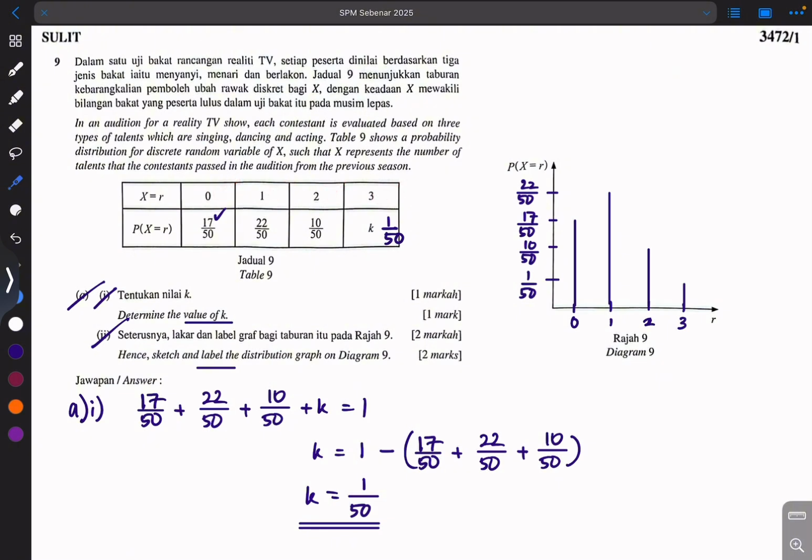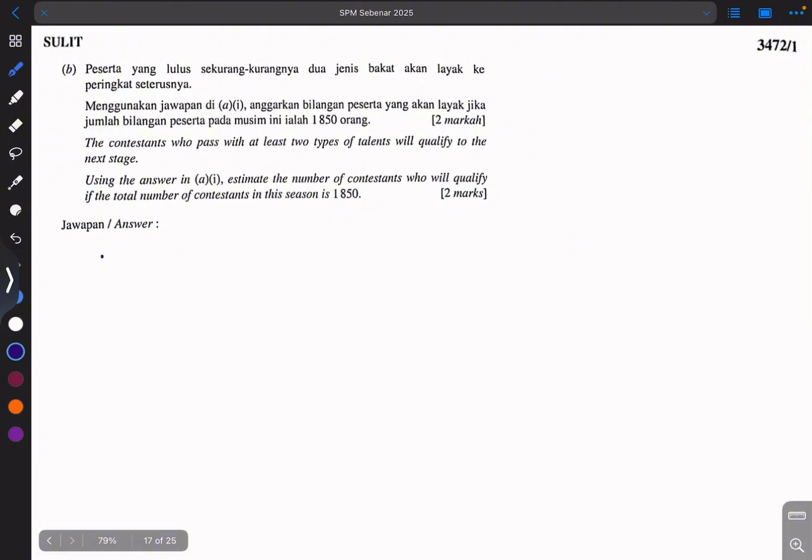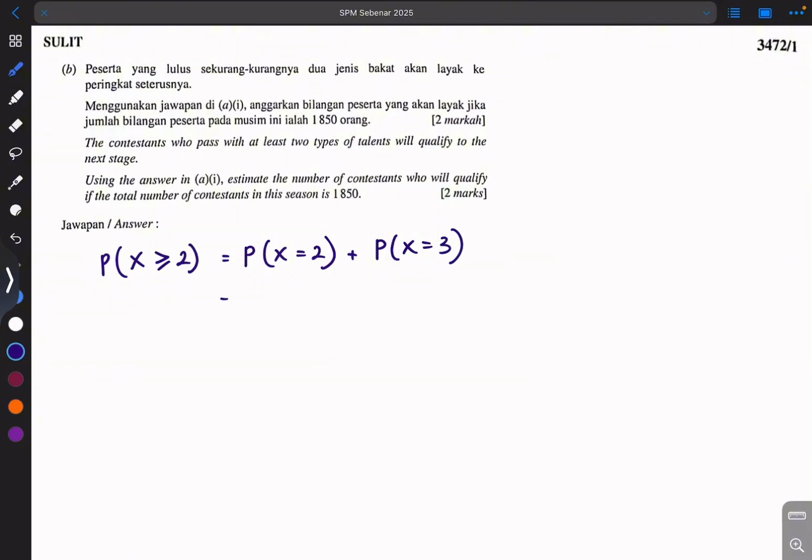At least 2 means must have 2 or more. So we have 10 over 50, 1 over 50. So we can say at least 2 means probability of x equals to 2 or probability of x equals to 3. 2 or more.